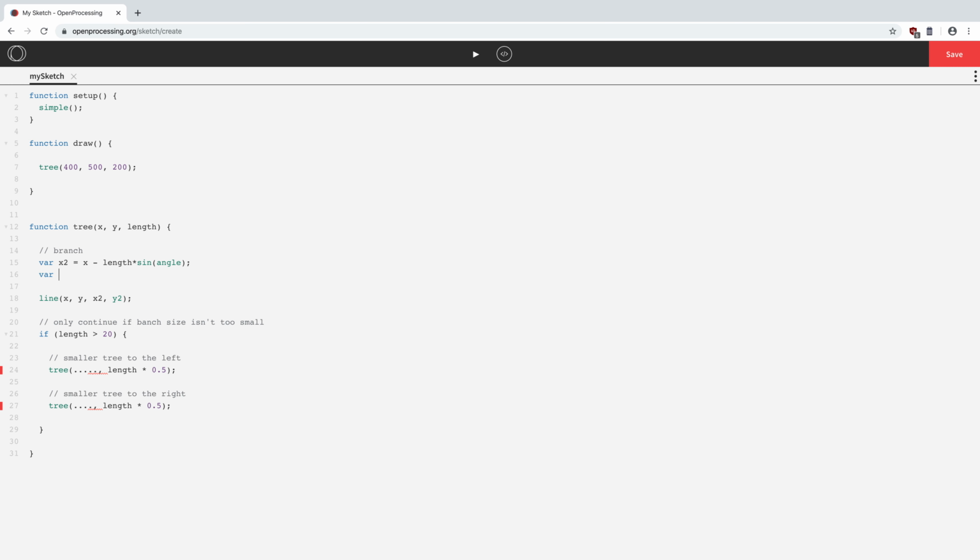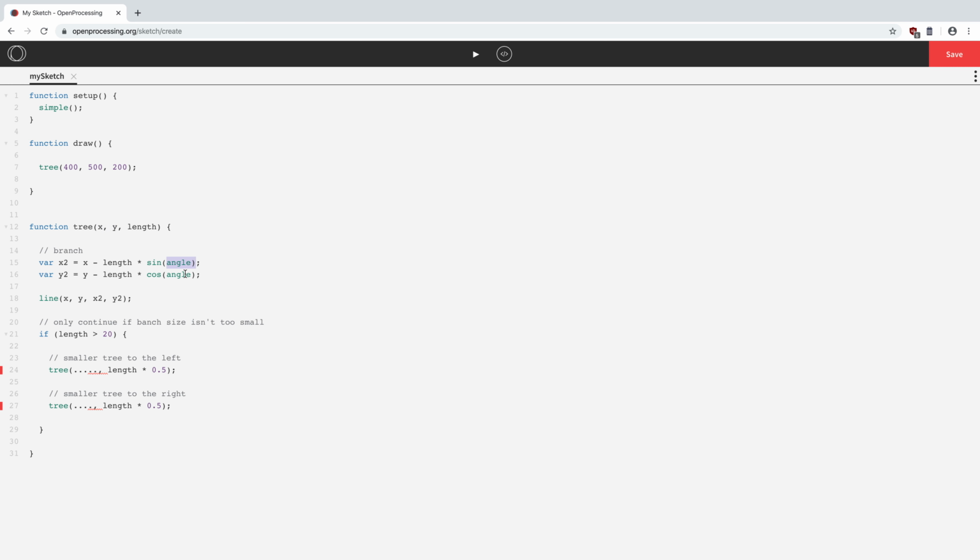And we say var y2 equals y minus length times cos of the angle. So that now gives me the end of the line, the other end of the branch, from the start of the branch. Start of the branch x, y, the other end of the branch x2, y2.